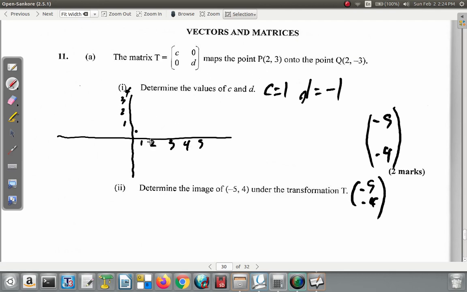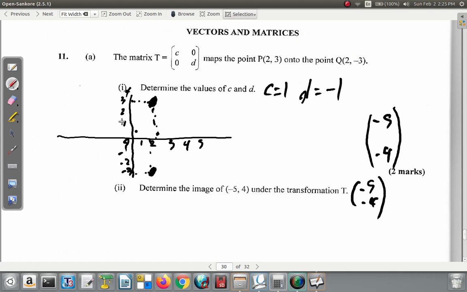If you have (2, 3) being here, this is your point (2, 3), and (2, -3) would be down here. So you see it is a reflection over the x-axis.